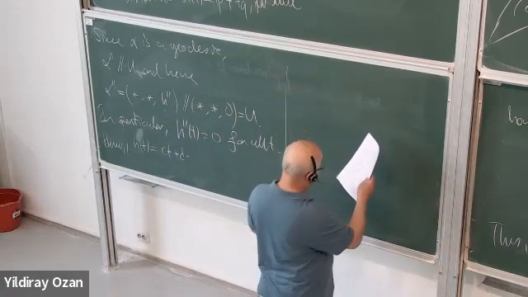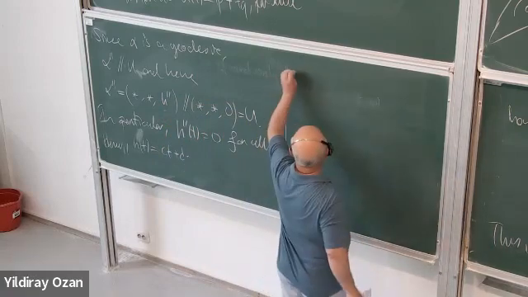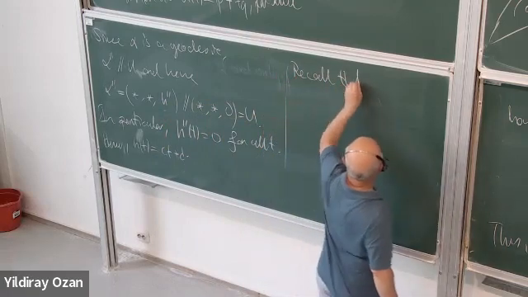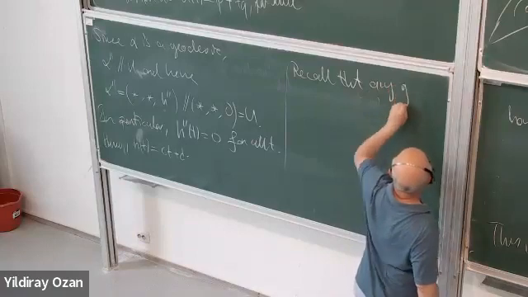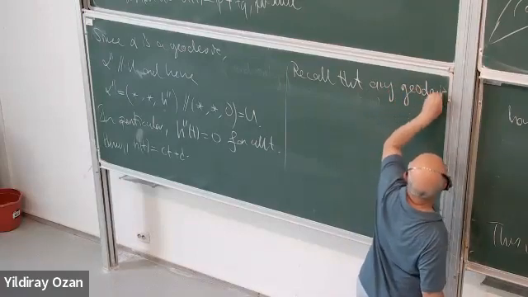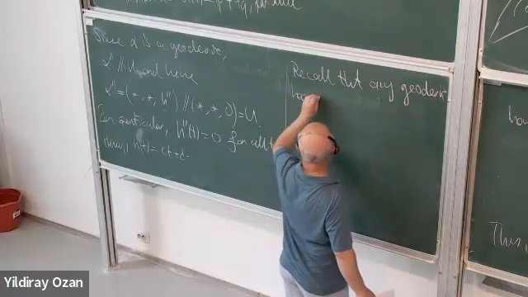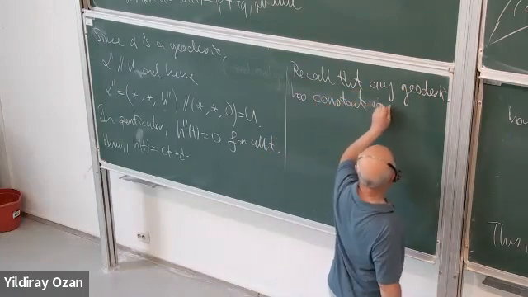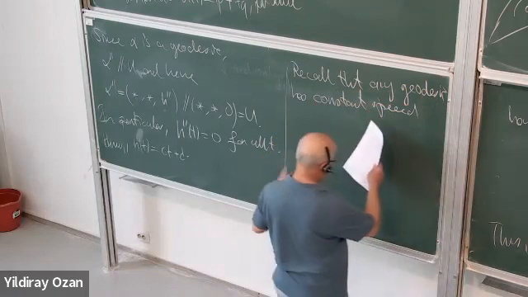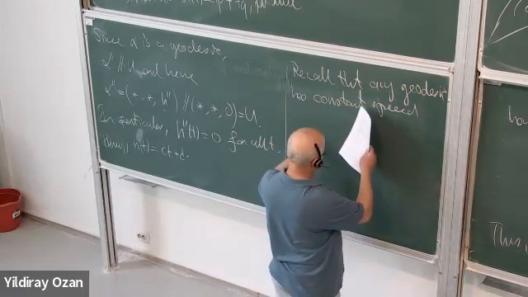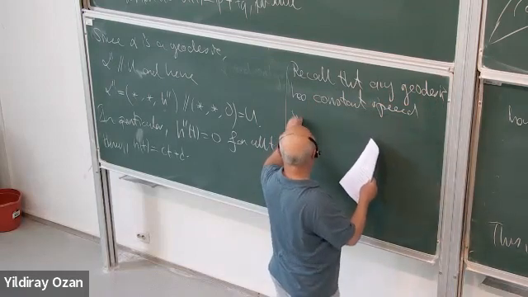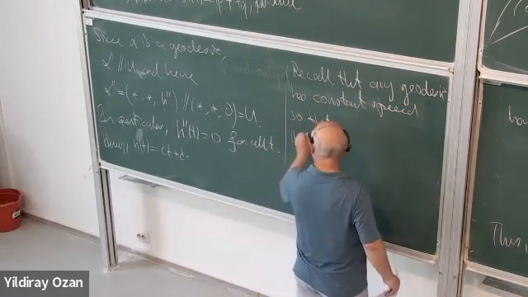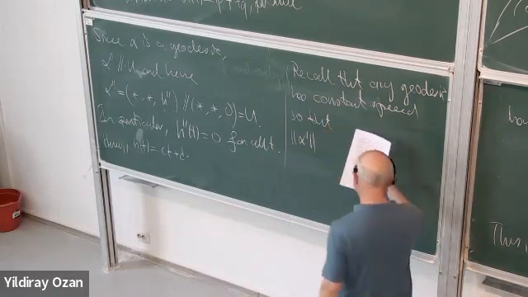Now, we also know that, recall that any geodesic has constant speed, so the norm of alpha prime must be constant.